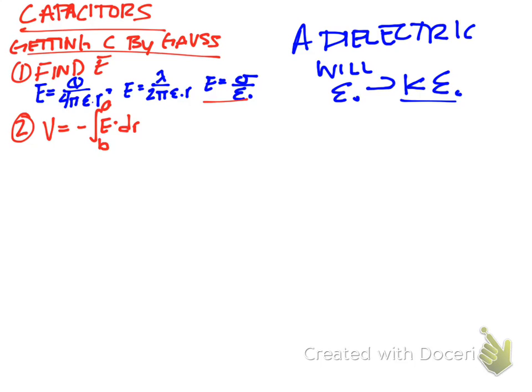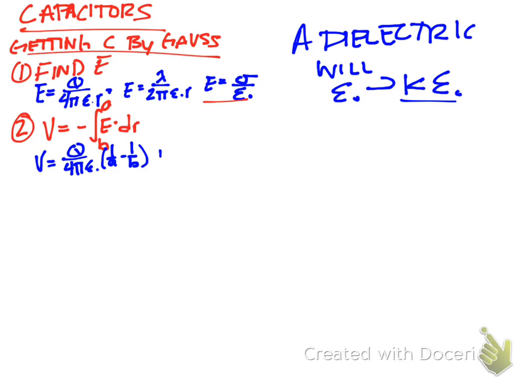We've done this a few times, but what we get for each of those: the voltage for a sphere is Q over 4 pi epsilon naught times (1 over a minus 1 over b).